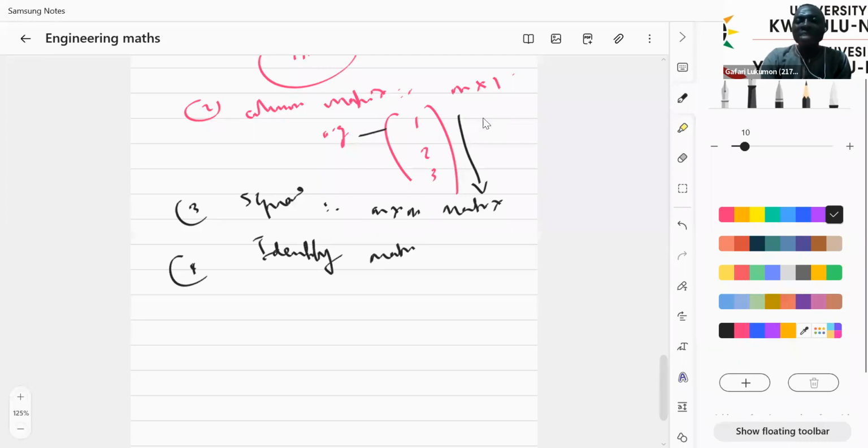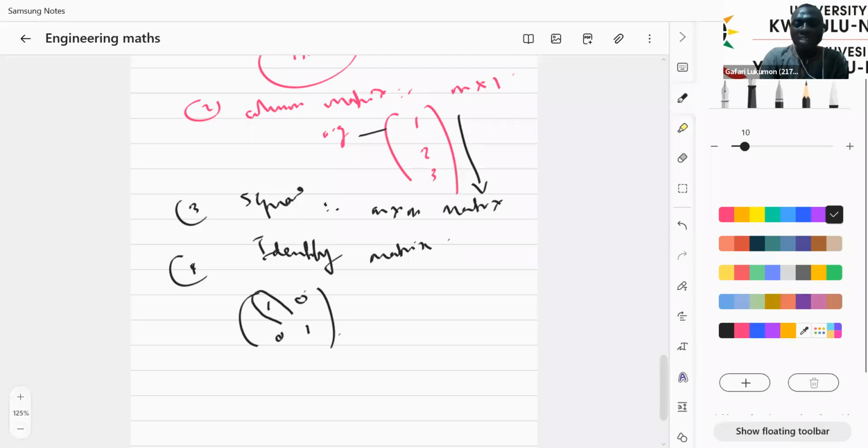But for identity matrix, or before I continue, we call something a diagonal matrix. Well, let me just describe it this way. An identity matrix is a square matrix where all the elements are 0 except those along the leading diagonal. For example, when I have 1, 0, 0, 1, you will see that all these entries are 0 except these ones, which are 1, 1.